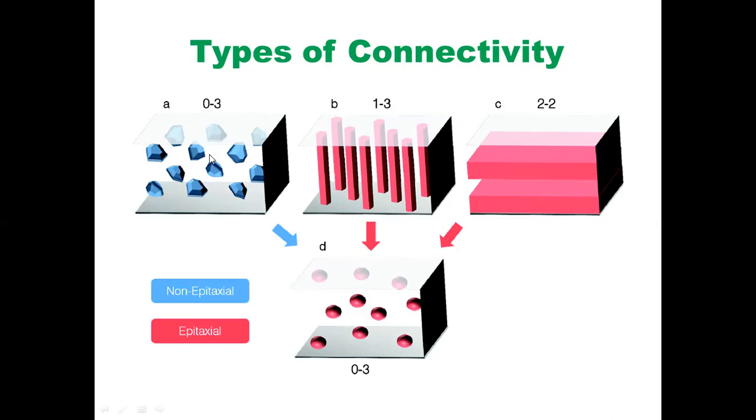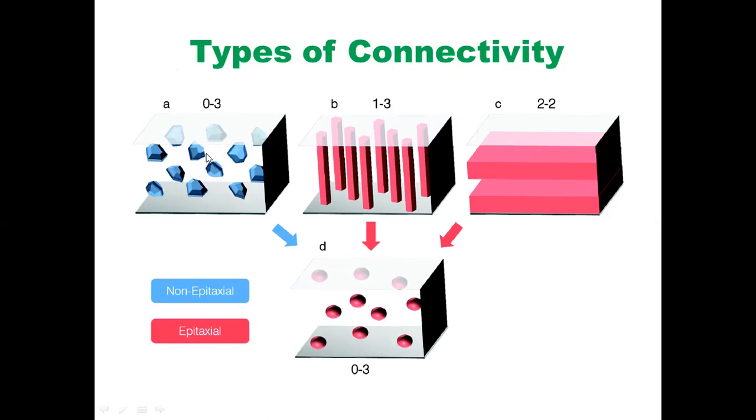So this is referred to as the 0-3 connectivity. 0-3 connectivity. Here, what we have done is that particles of one type of phase are immersed in the lattice of the other.